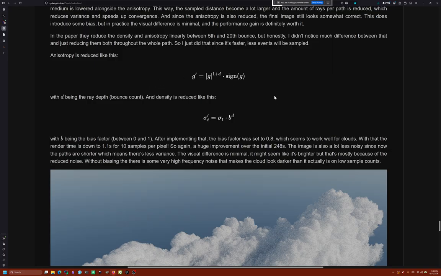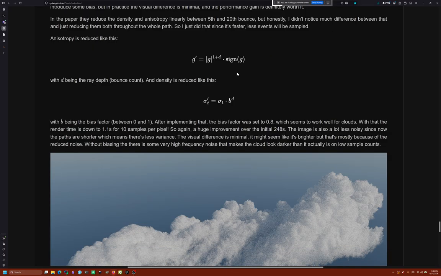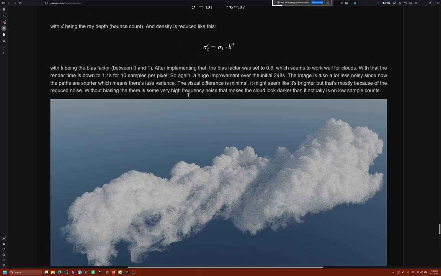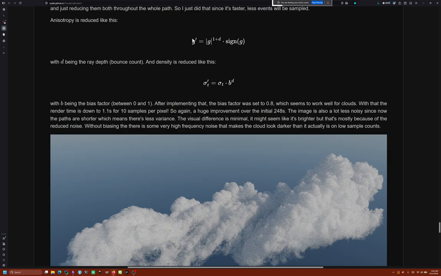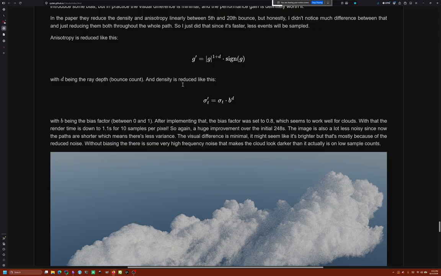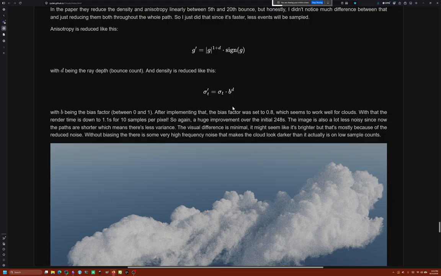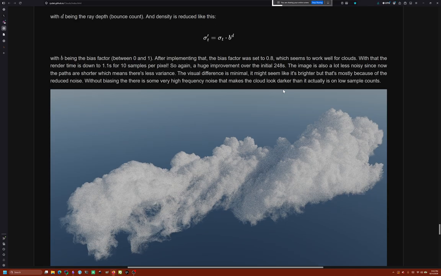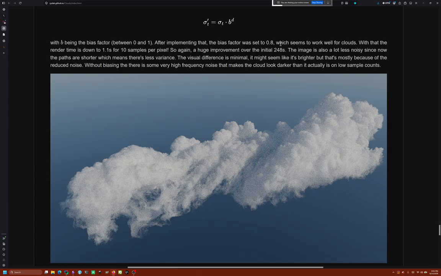They have an expression for the anisotropy like this, based on the depth. It's the bounce count, and same idea with ray depth. So they're manipulating the actual parameters used during the tracking, changing them between bounces. There's a bias factor between 0 and 1 that they're using to tune this. So 0.8 is what they're using.